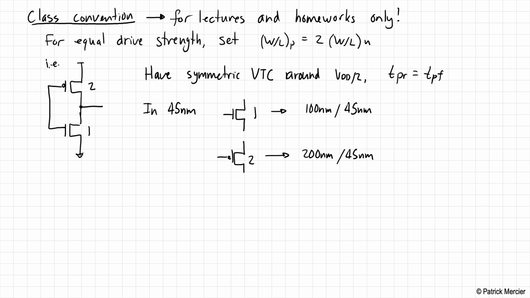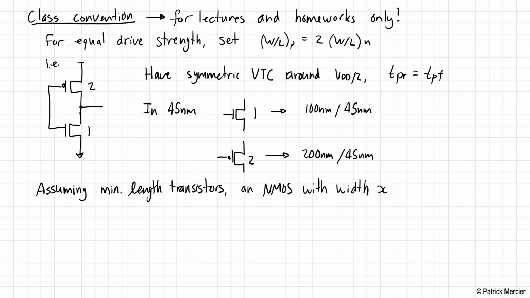Okay, so if we're assuming that we're using minimum length transistors, which in digital design is almost always the case, not necessarily 100% of the time, but 99.9% of the time, an NMOS with width X times W min will have, let's just call this R new, comma N for the NMOS.